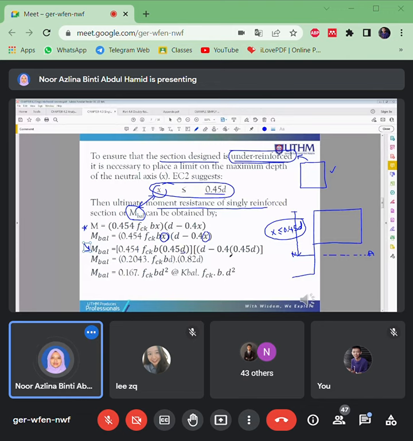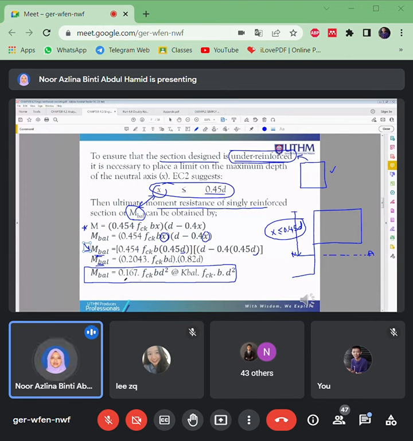So just replace in the equation to make it a moment balance, to make this equation follow the limit. Okay, so at the end, this is the equation for moment balance, which considers the limitation of Eurocode about X equal to 0.45D.